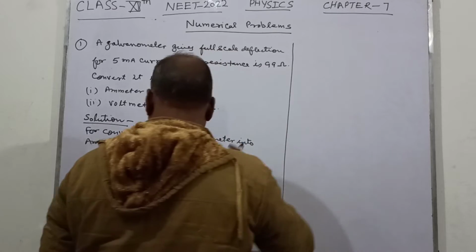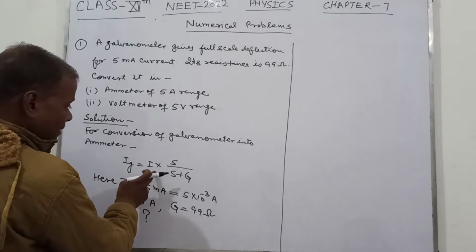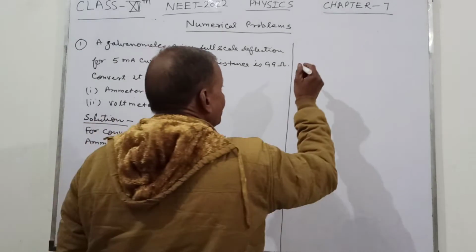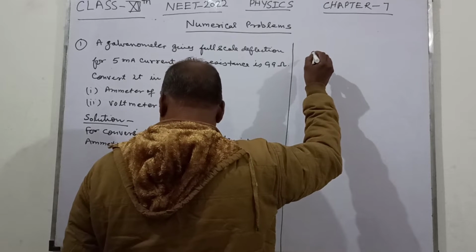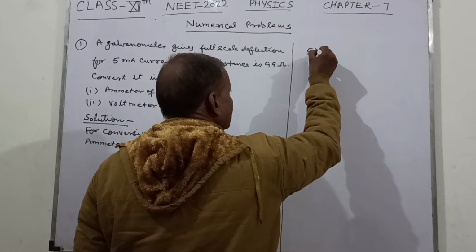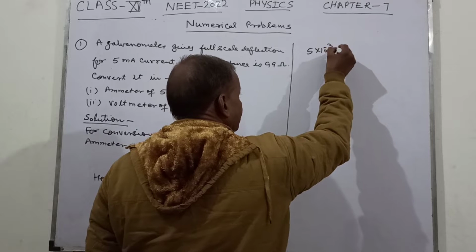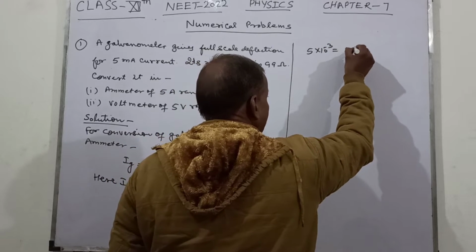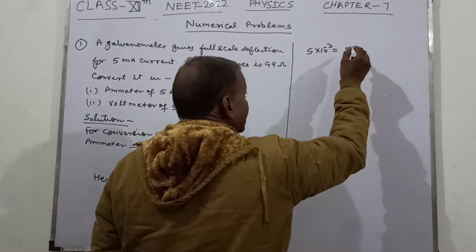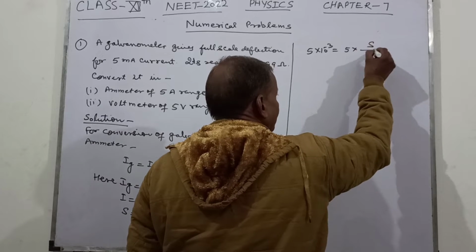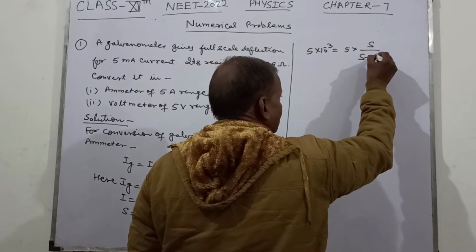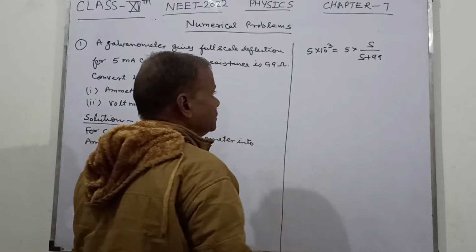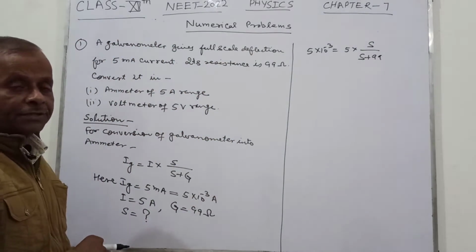So now I put all these values in this formula. Ig is 5 into 10 raised to the power minus 3, I is 5, S you have to find, and G is 99.